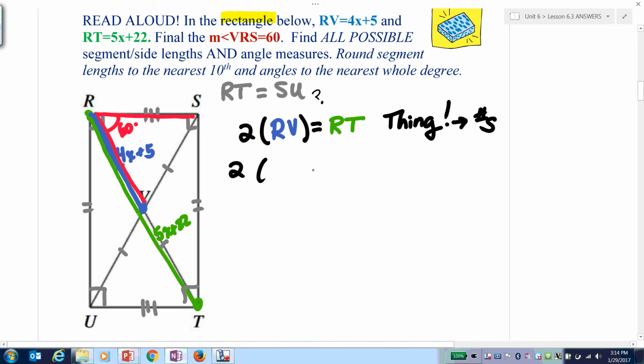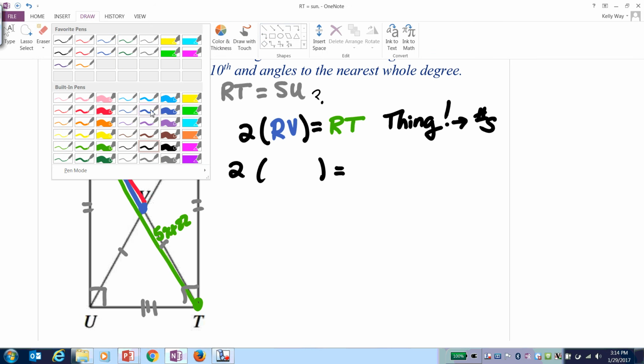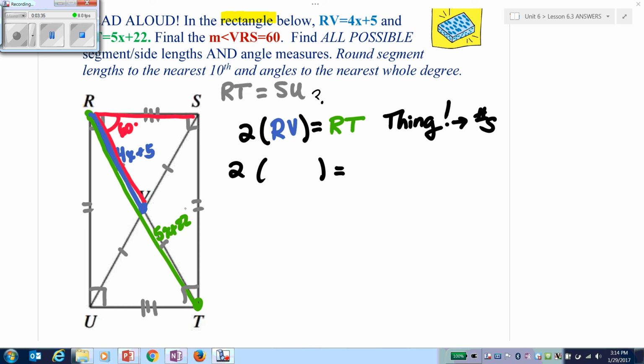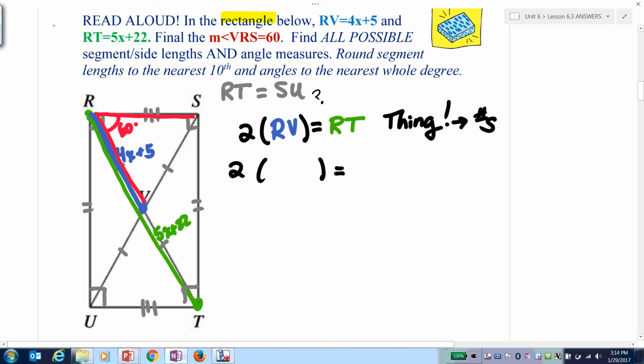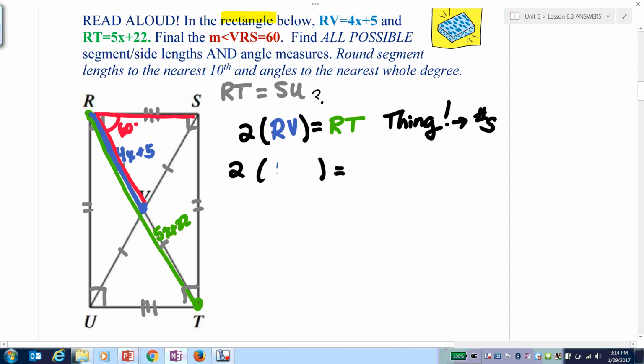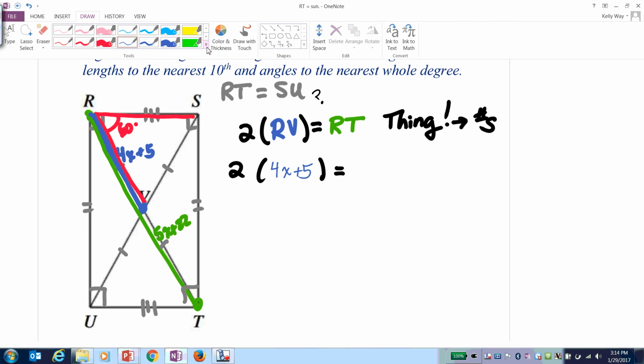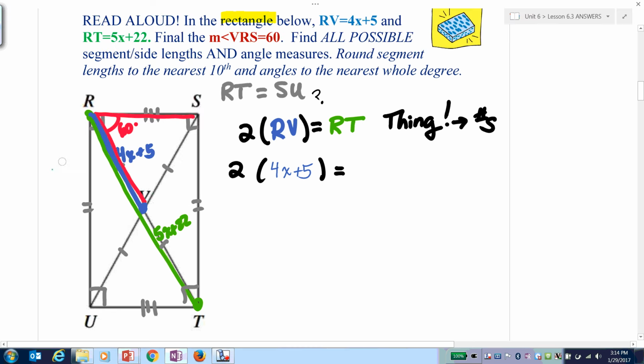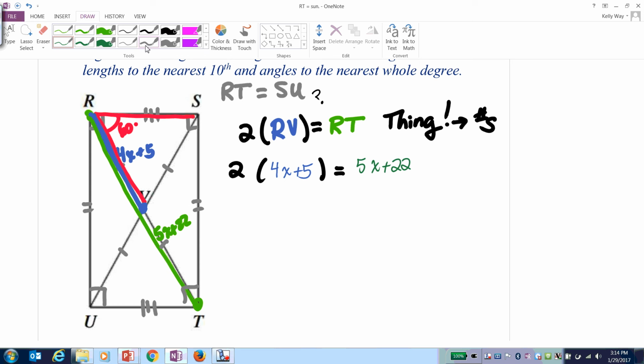So we have 2 of 4x plus 5 equals R to T, which we've already figured out is 5x plus 22. You do your algebra as I do mine. Let's check our work at the end and let's see if we're correct.